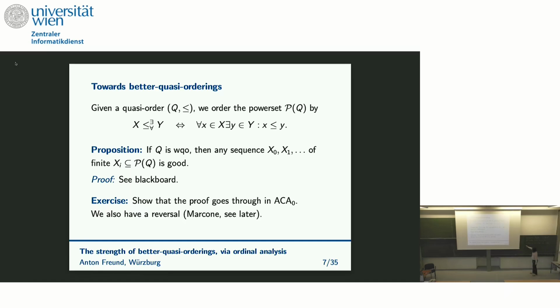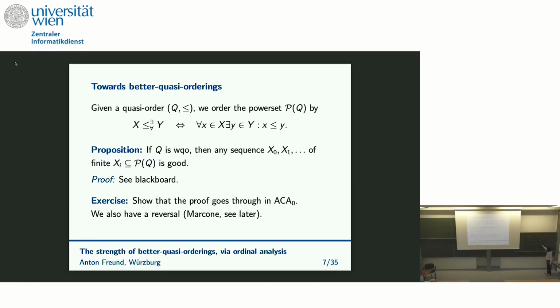So let's take some x0 not depending on xi, which coincides with infinitely many of these. Okay, so this holds for infinitely many i, and now we just pass to the subsequence of those i's where it holds.